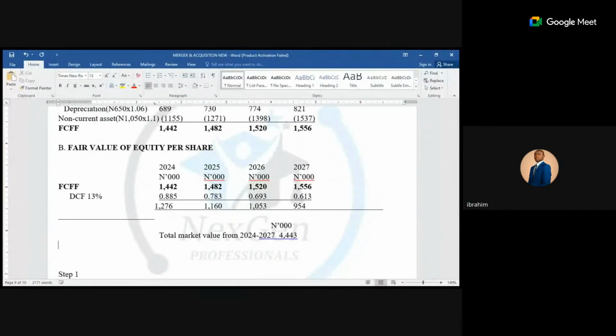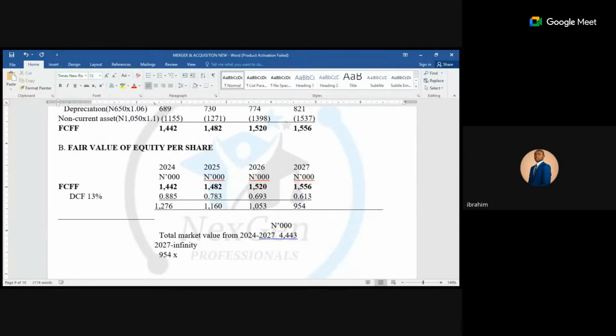And there is a beyond, which is 3%, from 2027 to infinity. The last year present value, just pick the last year present value, 954.